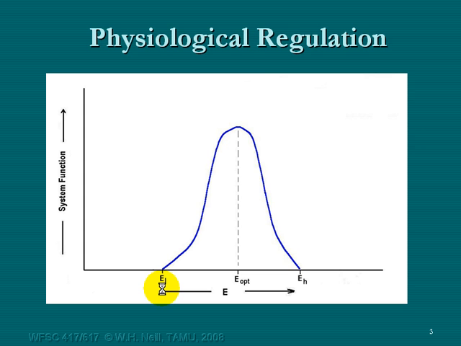And I'm thinking here, I guess, about as the factor E, which stands here for environment, I'm thinking about temperature, because not all components of environment have extremes both low and high.